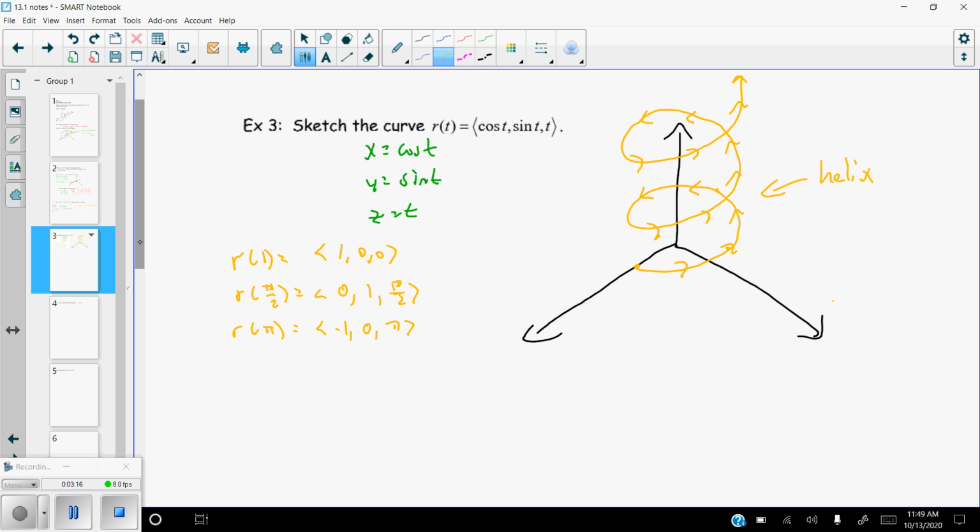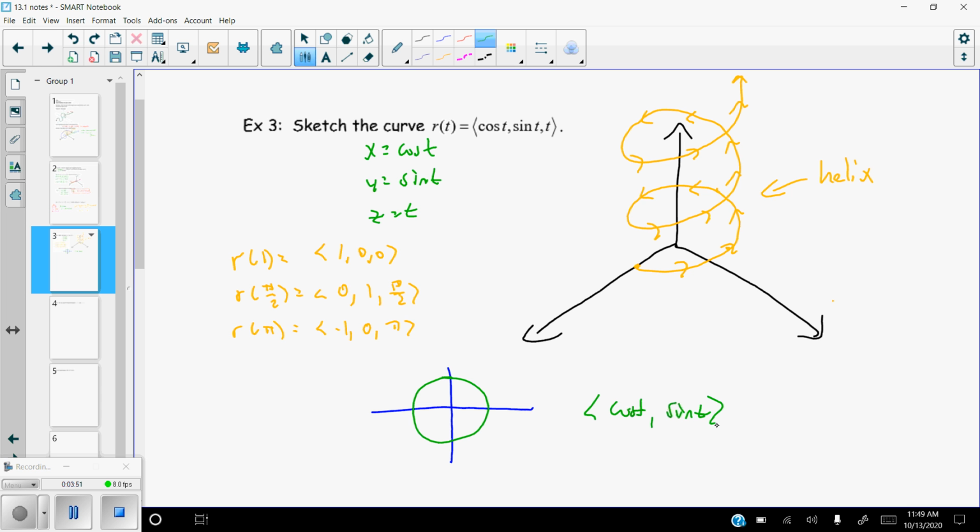And what I want you to really pay attention to here is if we did this in 2 dimensions. If we looked at the 2-dimensional projection, basically if you stood right on top of the z-axis and looked straight down, it's simply going to be a circle. So if all you had parametrically was x equals cosine t, y equals sine t in 2 dimensions, you're going to get a circle.